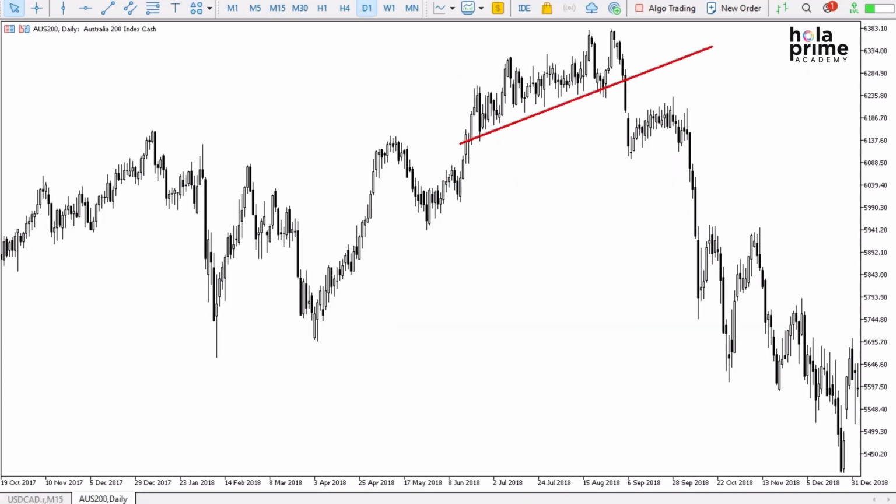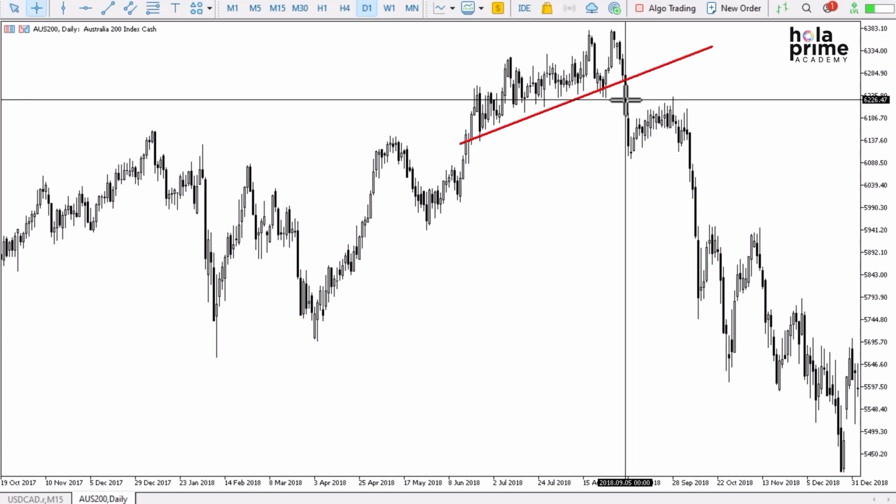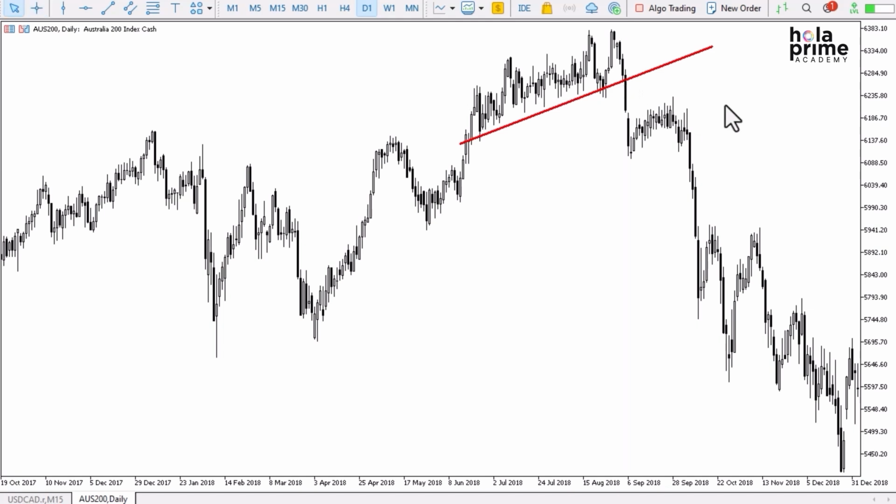In this example on the ASX 200 daily chart, you can see that there was a very strong trend line that ran through the entirety of the summer of 2018. That being said, we did get a pretty significant breakdown on the candlestick on September 5th, and you can see that was the beginning of something rather ugly.